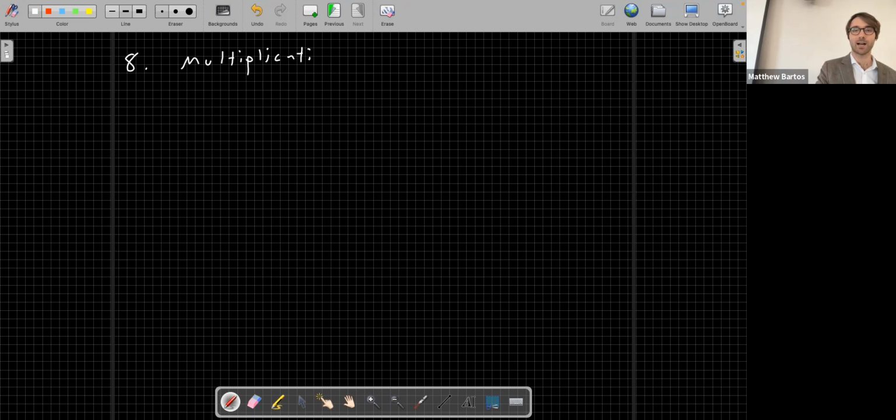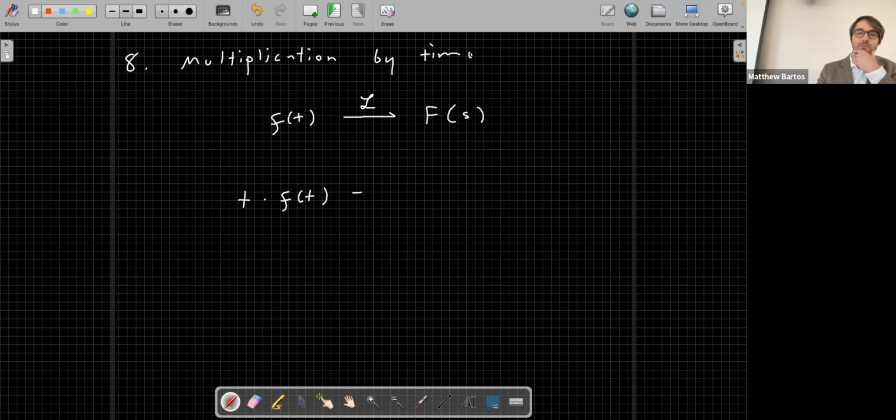And it is kind of the opposite of one of the other properties that we showed earlier. If we have a function f of t that maps to big F of s, and we take that function f of t and multiply it by time, in the frequency domain this maps to negative d by ds of big F of s.